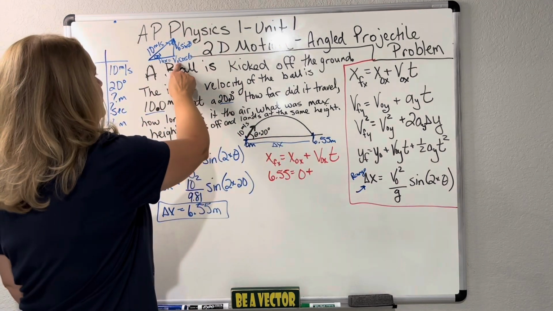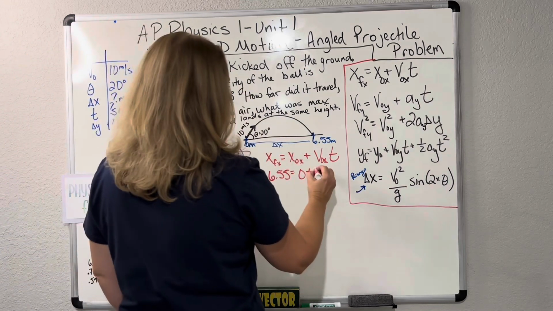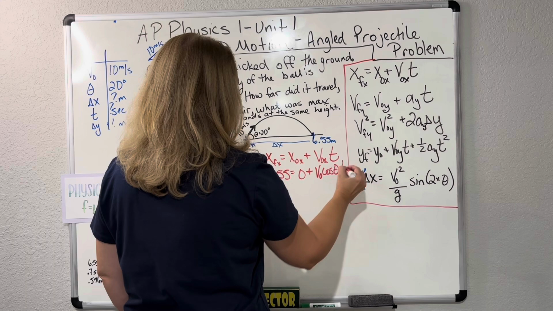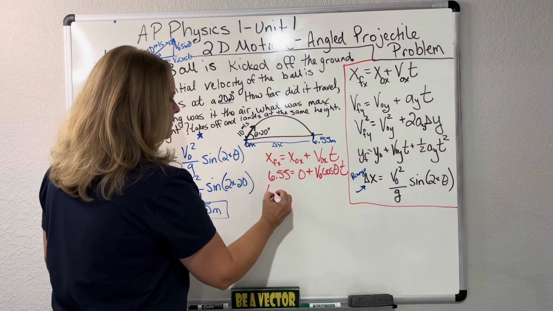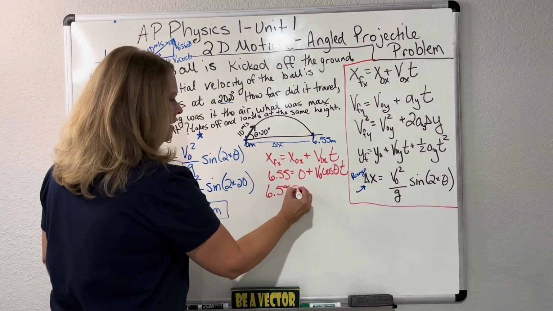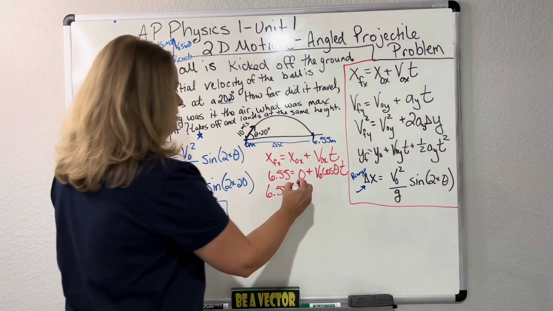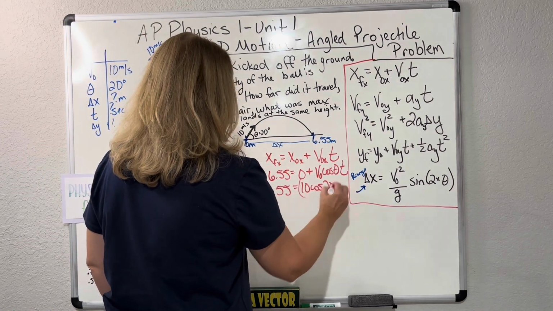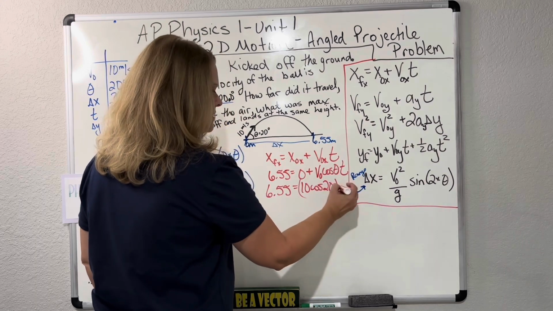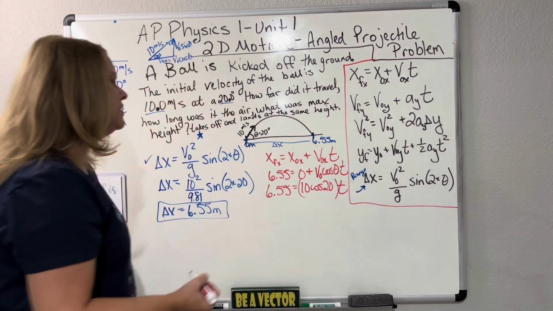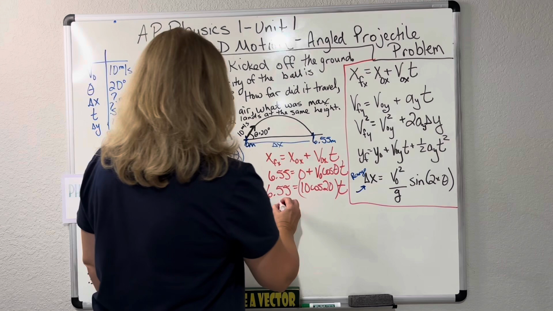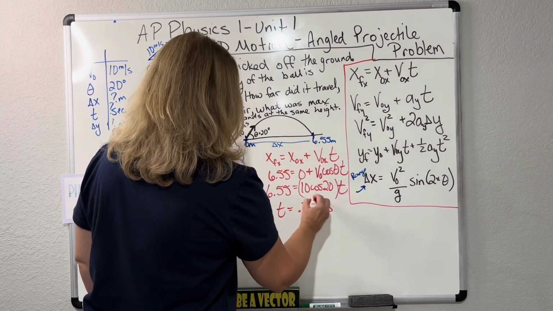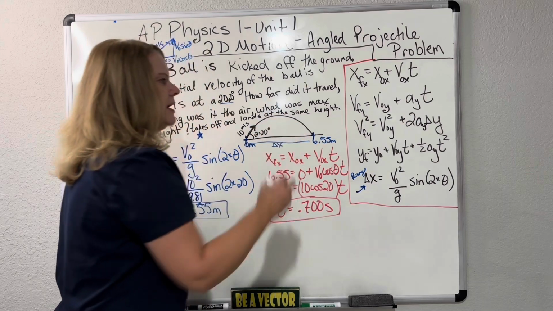It's only this part, V naught cosine theta, times my time. Now I'm going to put in some numbers here. V naught was 10, then cosine of 20 because my angle was 20. That theta just means the direction, or your angle, times time. And I'm going to get a time of 0.700 seconds. That's my whole time in air.